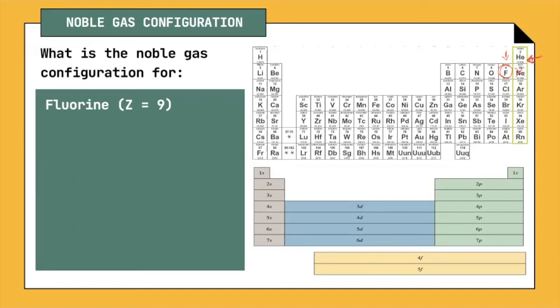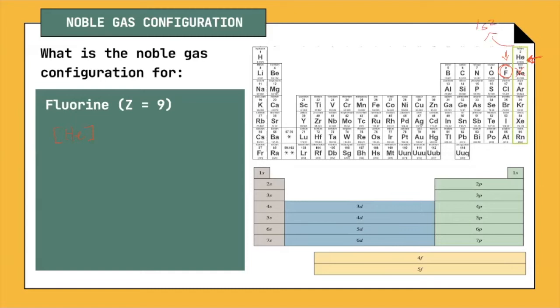When we have located the preceding noble gas, you can just write it in brackets. That would be helium. Then we just have to write the remaining electrons. We know that helium actually has an SPDF notation of 1s2.